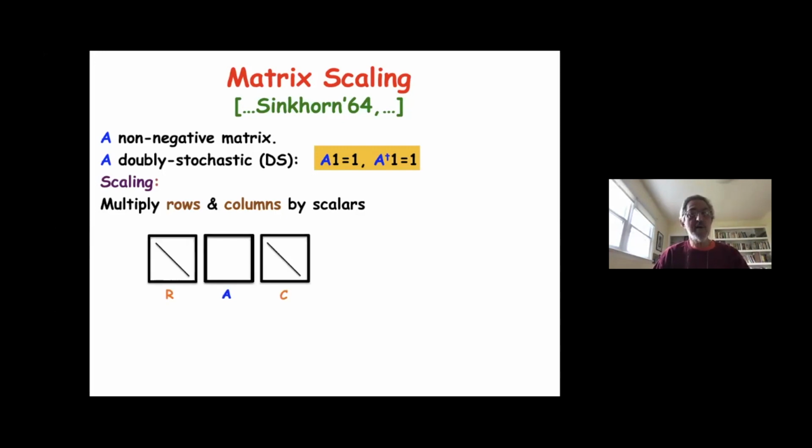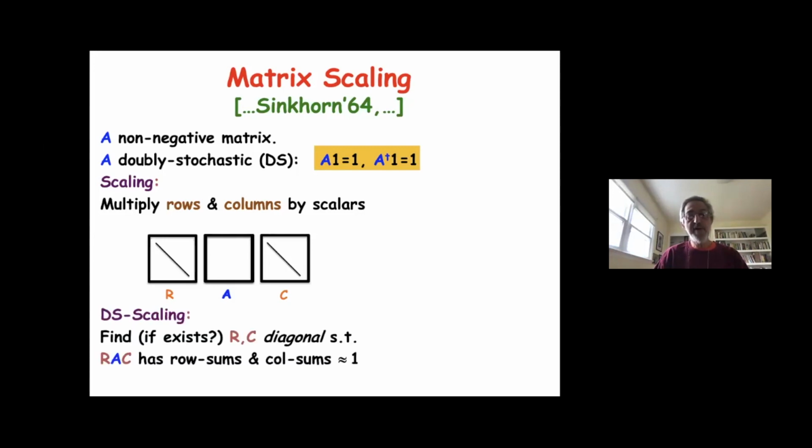So in other words, we are allowed to pre and post multiply the matrix A by diagonal matrices R and C. And the question is whether with these operations we can scale the matrix, we can make it doubly stochastic. So the problem is to find whether there exist such diagonal matrices so that the product has row sums and column sums approximately 1.